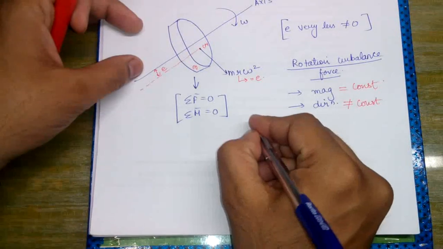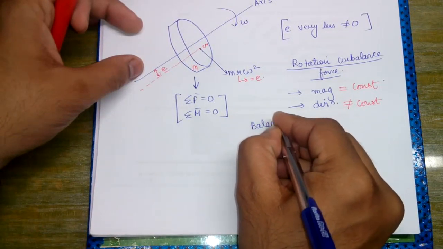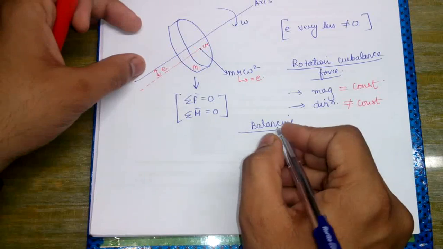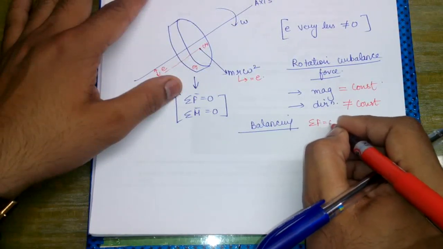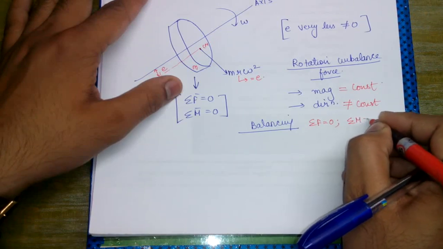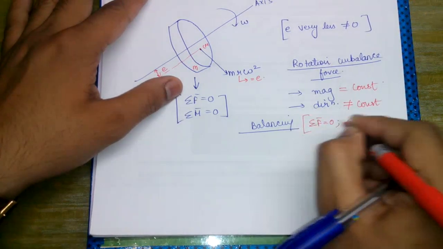The process of balancing is classified into two major categories, and balancing simply means summation of forces should be 0 and summation of moments should be 0.